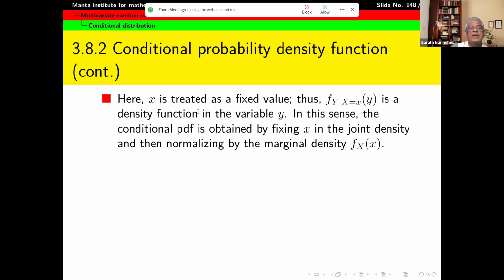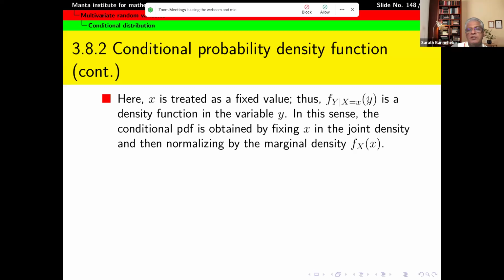Evaluated at y, it is a density function in the variable y, the mathematical variable simple y here. The random variable is capital Y, but here, of course, this is the label of the function. In that case, as a mathematical function, the variable is y, a mathematical variable. It's not a random variable.